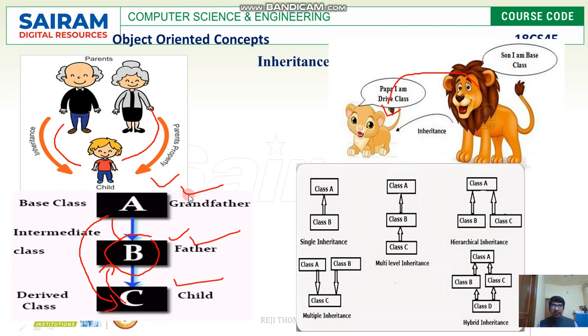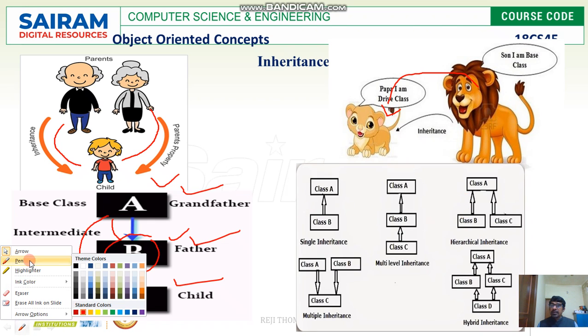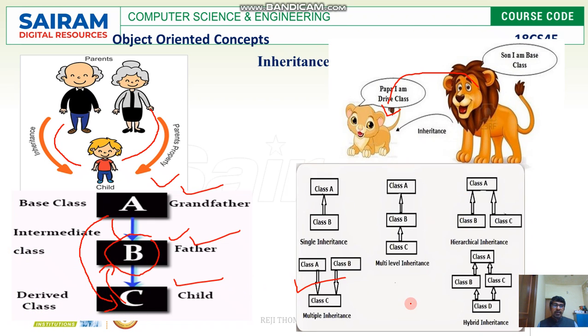There are different types of inheritance: single inheritance, multi-level inheritance, hierarchical inheritance, multiple inheritance, and hybrid inheritance.